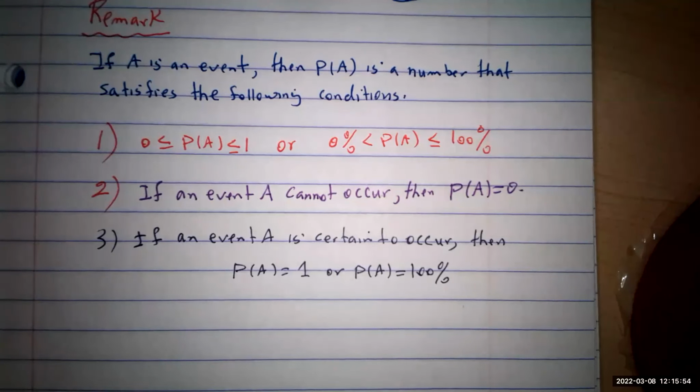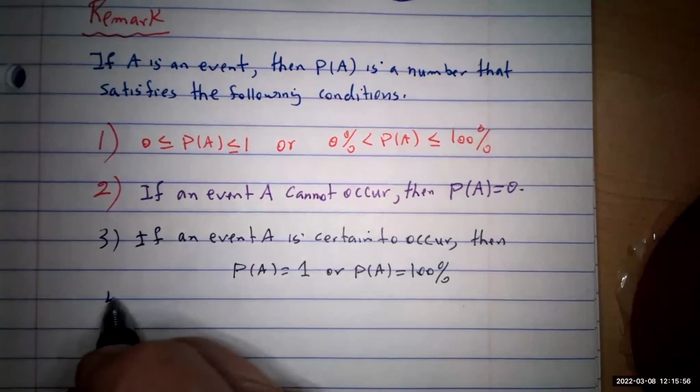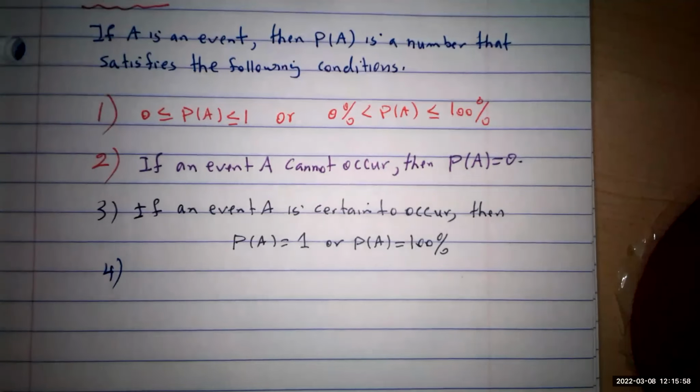But the more serious one is the last one. If you do a probability experiment, the sum of the probabilities of all the possibilities must be equal to 1 or 100%. And that's important.